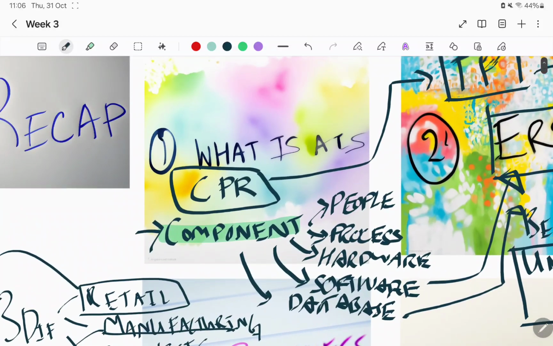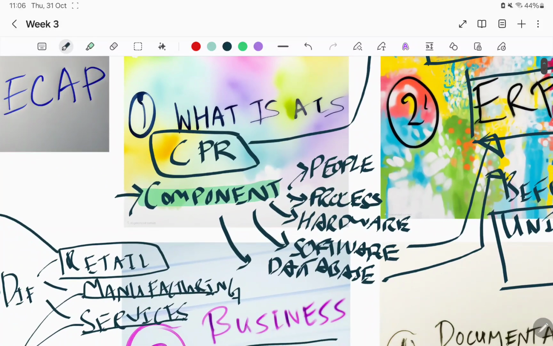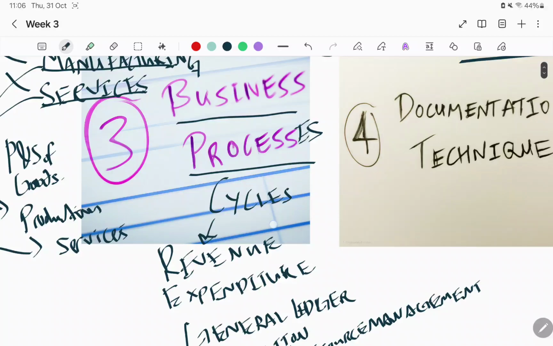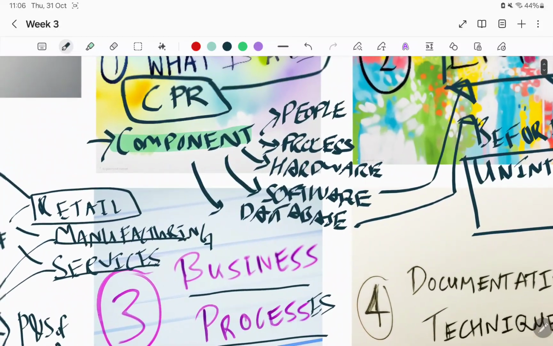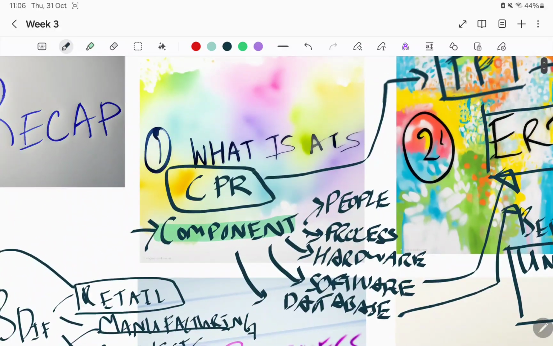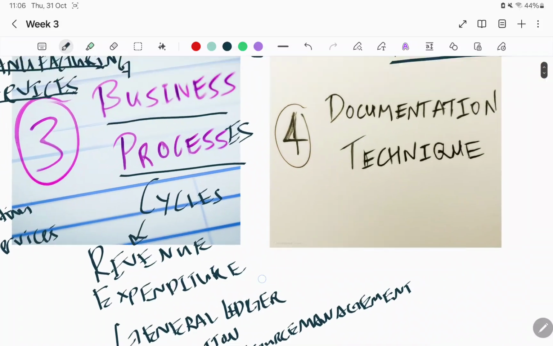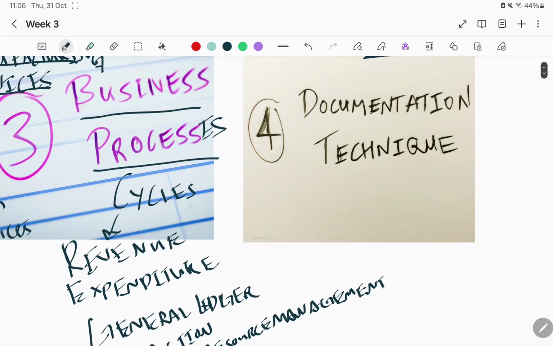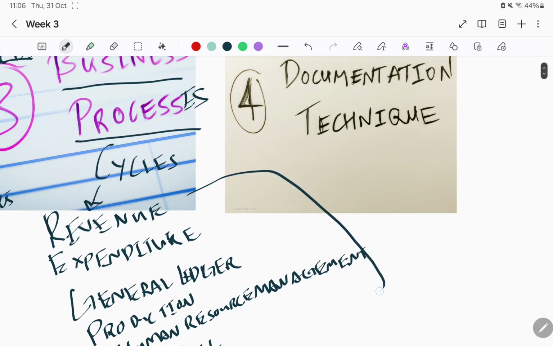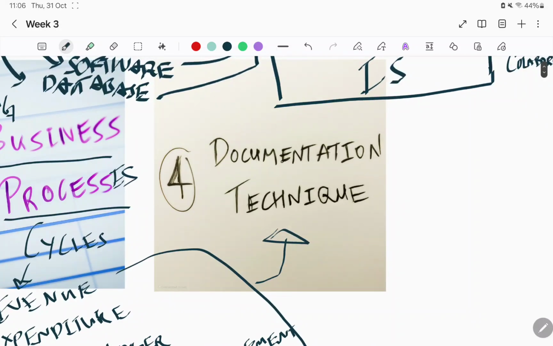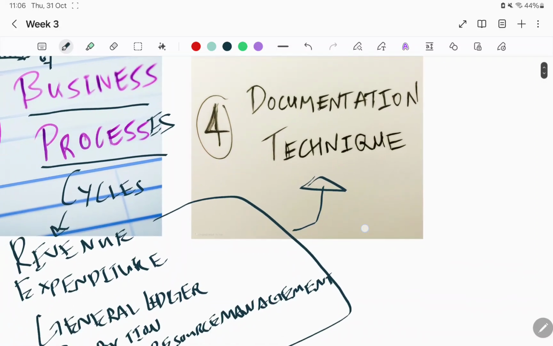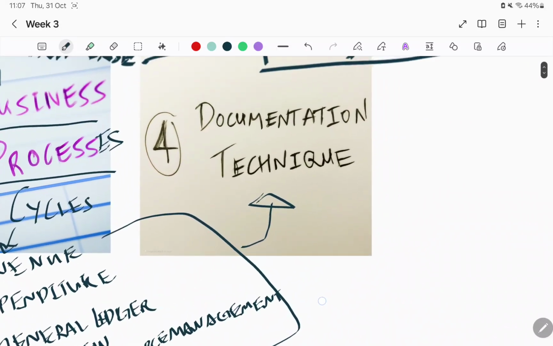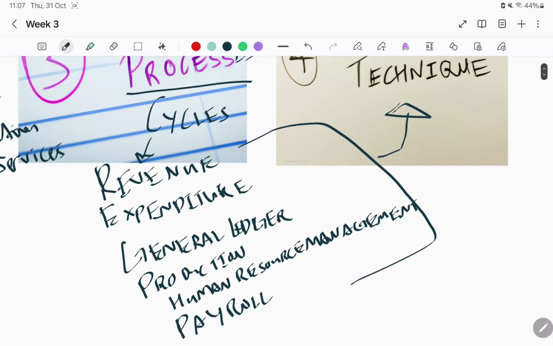And that's why we study the EIS. All of this process ensures that they are in correct order so that we can collect the data, process it, and obtain the reports. In doing so, we have what we call the documentation techniques to allow us to have a clearer understanding of the business processes.